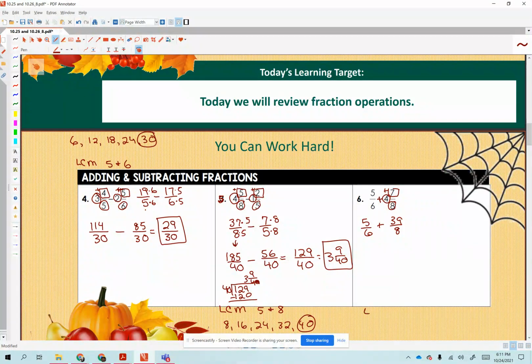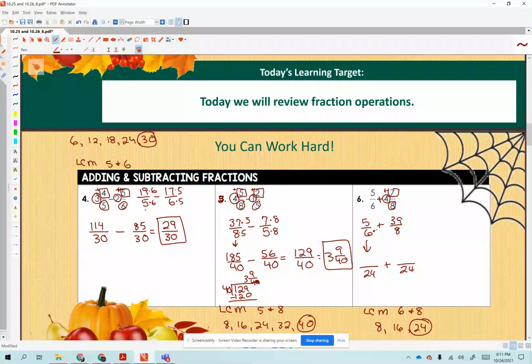Now we need a least common multiple of 6 and 8. If we look at the 8 times table, we have 8, 16, 24, and 24 is also a multiple of 6. So we'll be working with a denominator of 24.